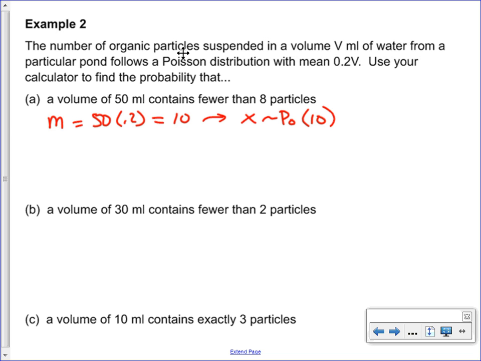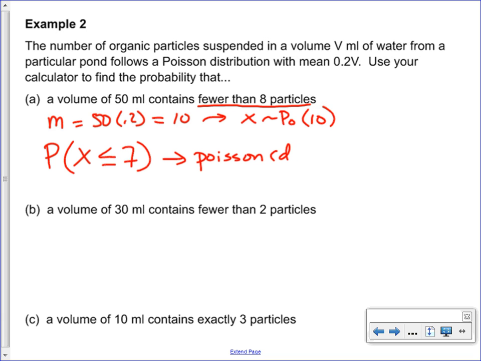Fewer than 8 particles means that x has to be less than or equal to 7, right? Because it's fewer than 8 particles. So this would be a Poisson CDF, true? Because it's everything up to 7, right?